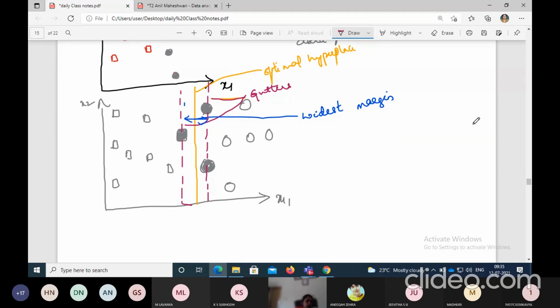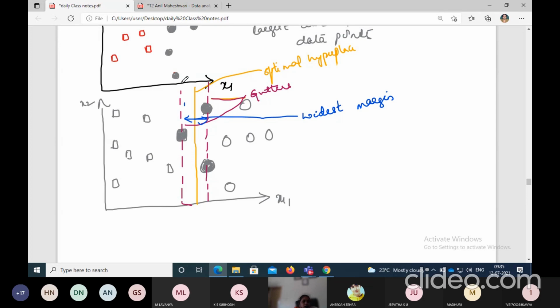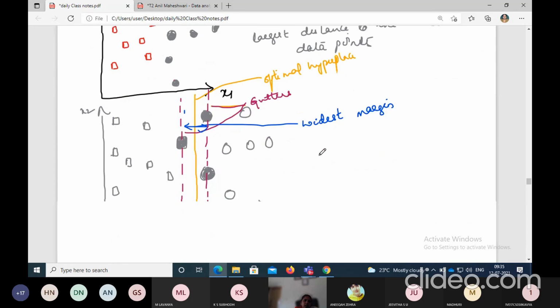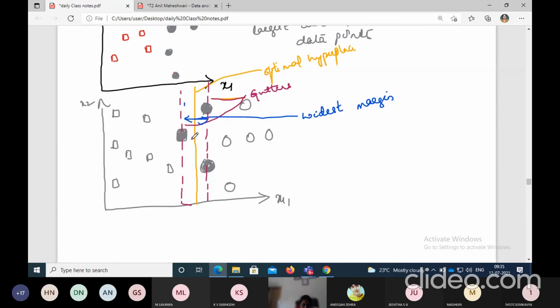The dotted lines are the gutters on the sides of the two classes, because one is the square and another class is the circles. So we are supposed to make two classifiers, and I need to find out the gap between the gutters. That's why we have drawn one gutter, which is the largest distance to the nearest data point, the last square or rectangle. I have drawn one gutter, that is one boundary, and here another gutter has been drawn. So there is a gap between the gutters, which is the maximum widest margin.